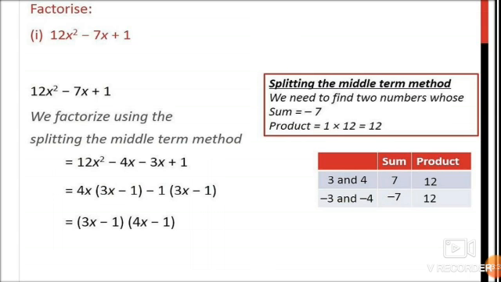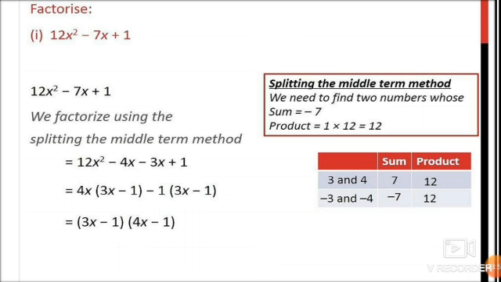Okay students, observe here, factorize. How can we factorize the given expression 12x square minus 7x plus 1? We factorize using the splitting the middle term method. I hope you learned how to factorize.